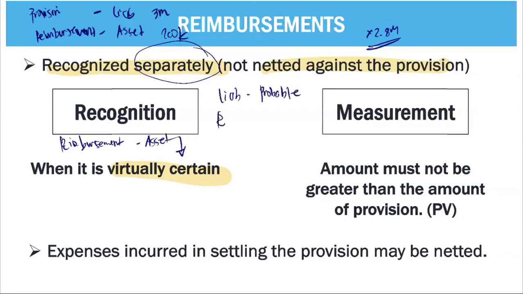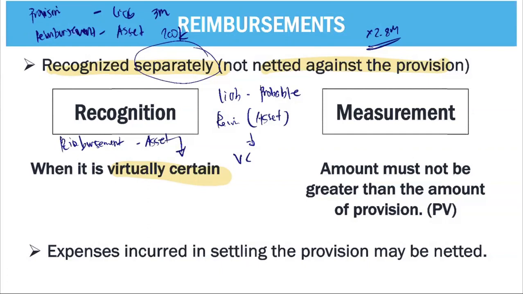But now, once it is reimbursement, an asset, what do we need? It must be virtually certain. Why must it be virtually certain? A while back, we defined probable as more likely than not. Now we have virtually certain. When we say virtually certain, it will really occur.